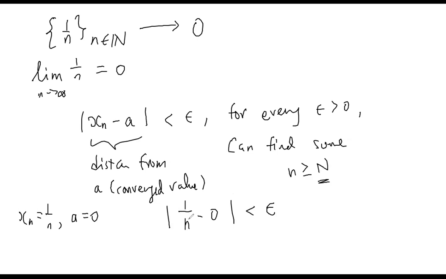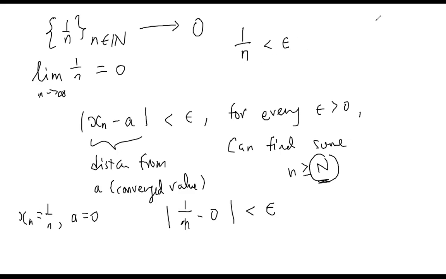And since your n is always positive, this absolute value you can remove. So the condition that we want is 1 over n less than epsilon, okay? So this is the distance. You need to find some n exceeding some threshold such that this inequality is true, okay?